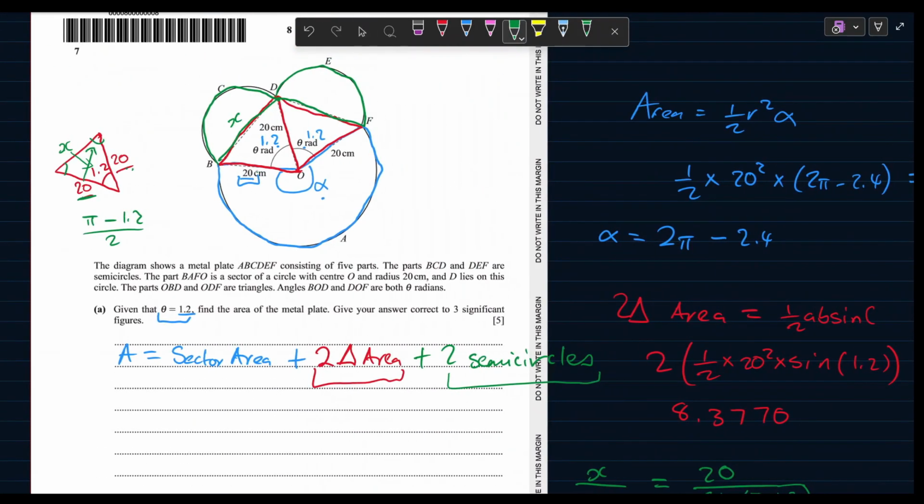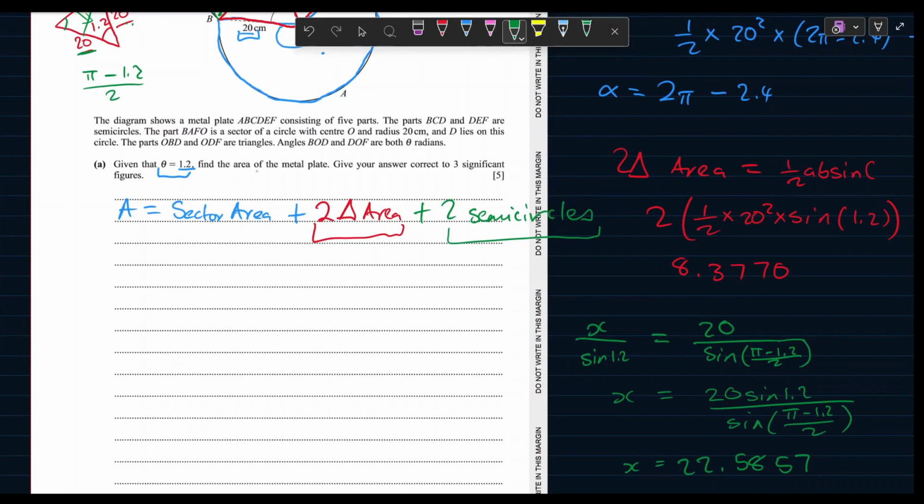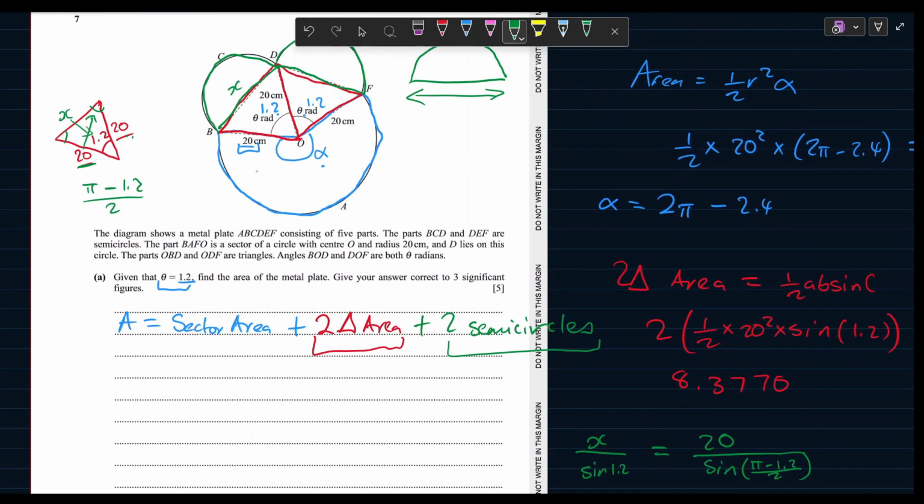So x represents the diameter of our semicircle. So if we've got our semicircle here, we're saying that this whole distance here is going to be 22.5857. So if the diameter is 22.5857, what is the radius? The radius would be half of that.